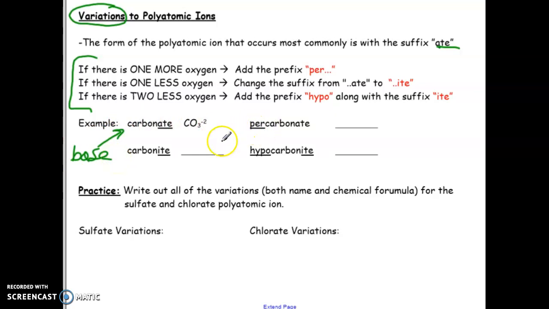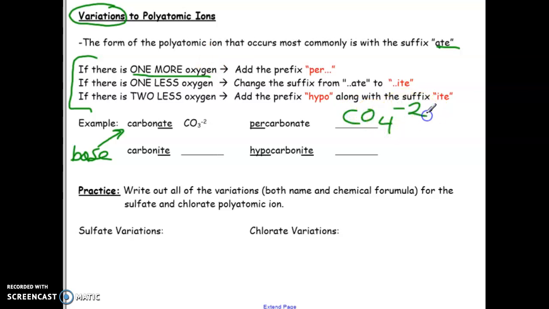But we can have different types of carbonate. So for example, instead of 3 oxygens, you can have 1 more oxygen. What that means is we add the prefix per, and you can see here I underlined what's different about it. So instead of CO3, it's going to be CO4.